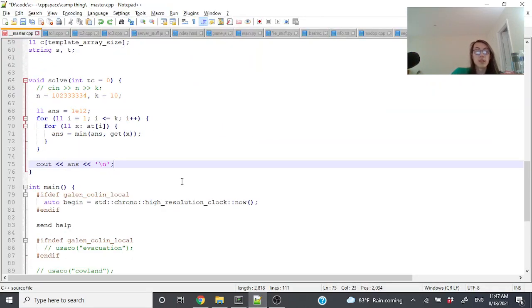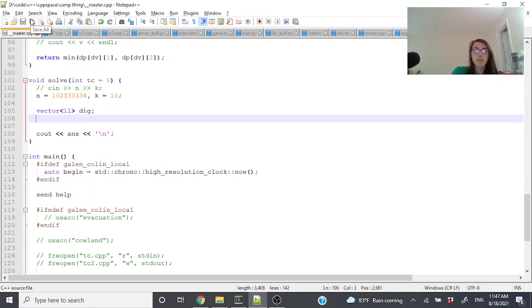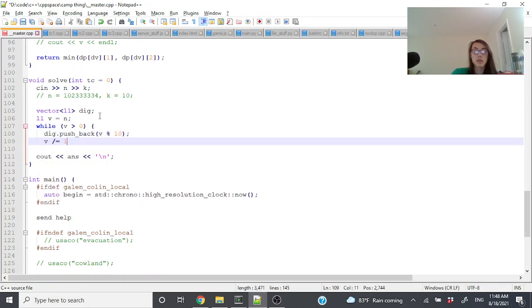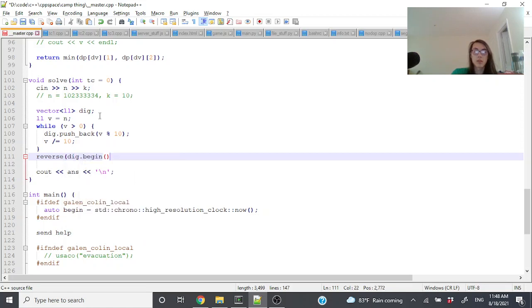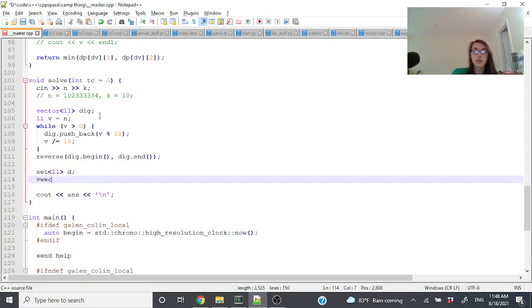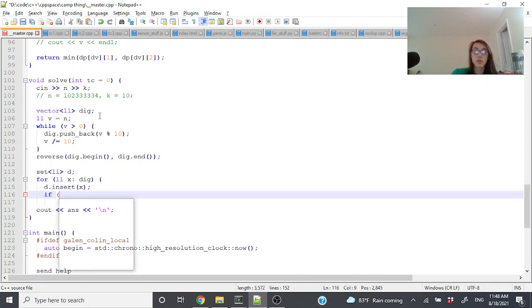I have an idea. For i equals 0, i less than, no. Take that, push_back v mod 10. Break.